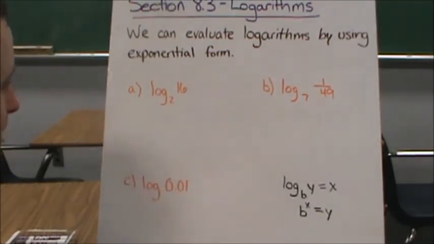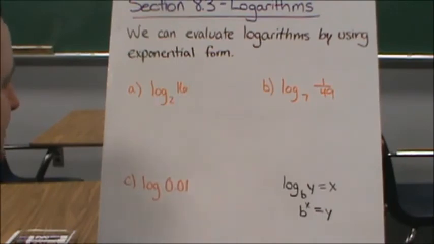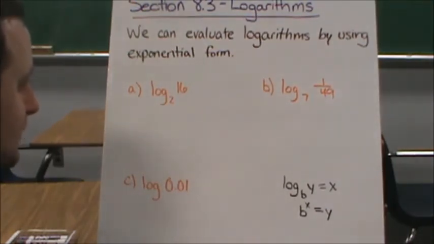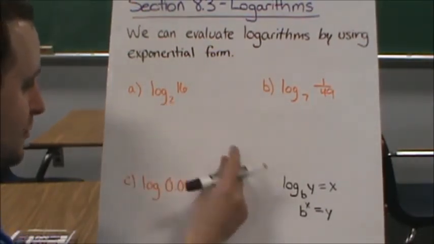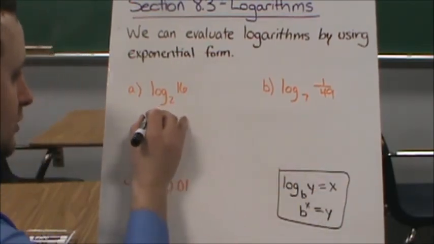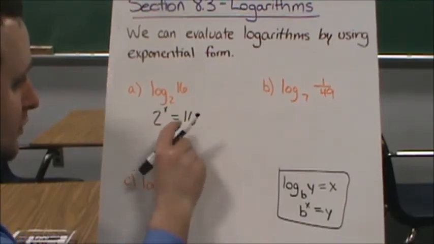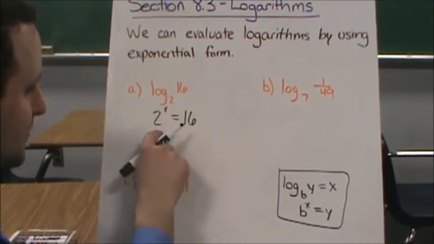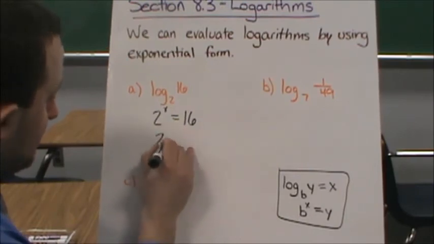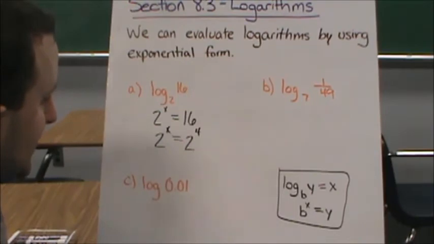So the first one, problem A, is log base 2 of 16. We're looking to evaluate that. Changing it right into exponential form, 2 to what power equals 16. We're looking to rewrite 16 in terms of our base 2, and it turns out it's real easy. We have 2 to the x equals 2 to the 4th power.